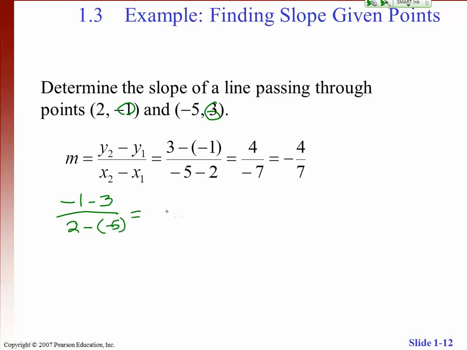So on the top I get negative 4. On the bottom, remember if I have two negatives, it makes a plus, so that's going to be 2 plus 5, which gives me negative 4 over 7. Now it doesn't really matter whether the negative on a fraction is on the top, bottom, or in the middle. It's just a negative fraction. Okay, so same answer they got there.